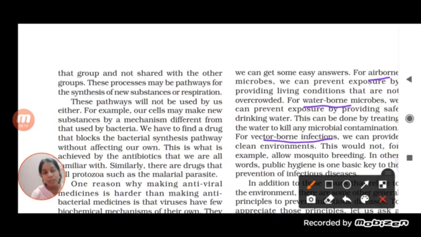In all these things, we have understood that public hygiene is really important, because that is the basic key for the prevention of infectious disease. If we are aware and hygienic, then public hygiene will help us in decreasing airborne microbes, and in protecting us from waterborne diseases as well as vector-borne diseases.